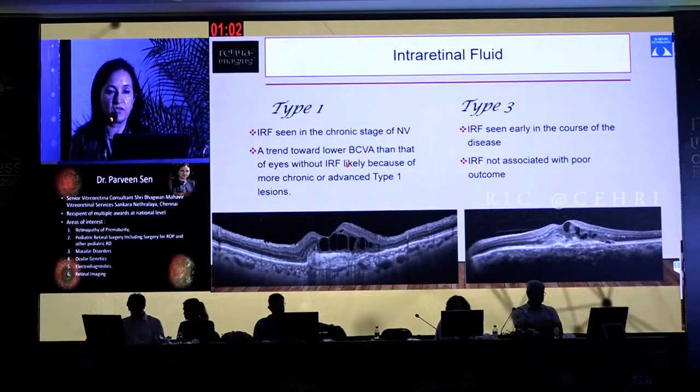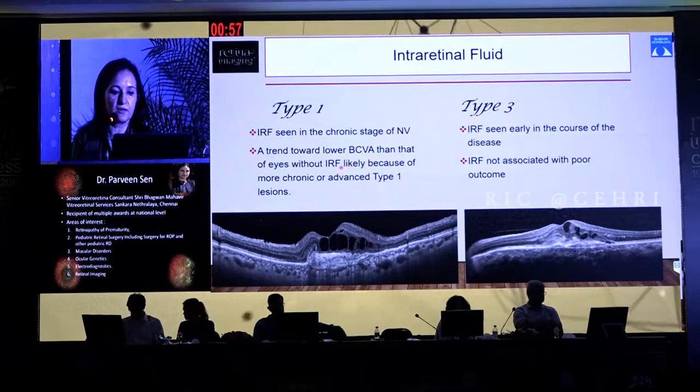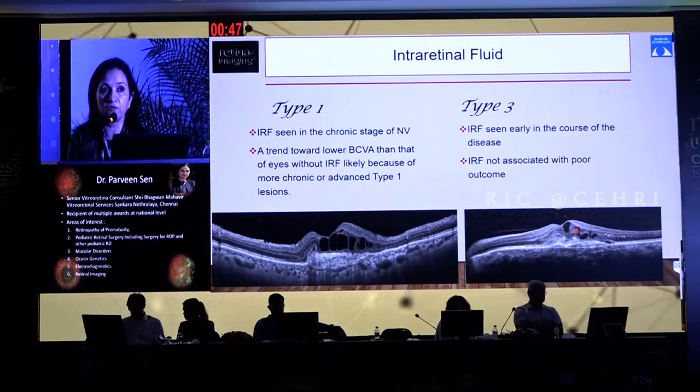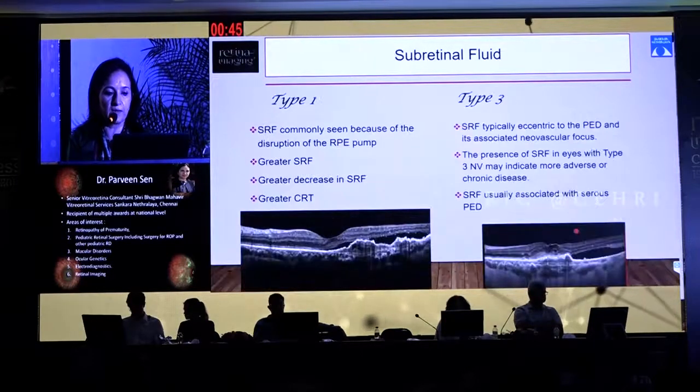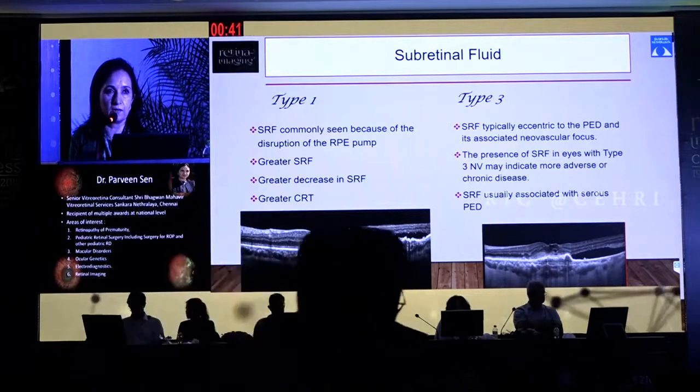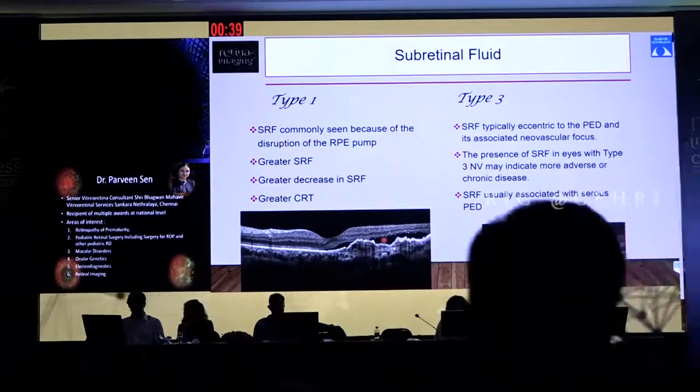In type 1, the intraretinal fluid we know is associated with poor prognosis because here you see it in the much later stages. Vis-a-vis the type 3 lesion, in the first or the second stage itself, you may have cystoid spaces or intraretinal fluid, which may go away with treatment very quickly. The subretinal fluid is very often and much more in amount in cases of a type 1 lesion.